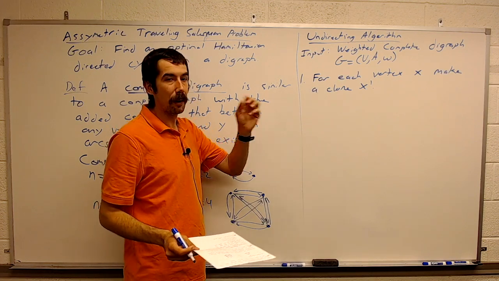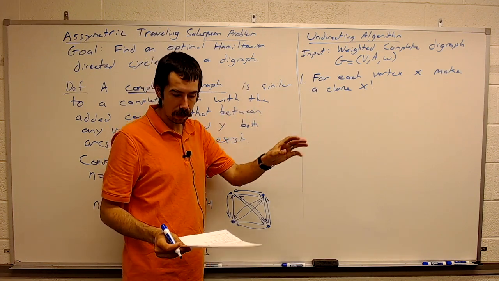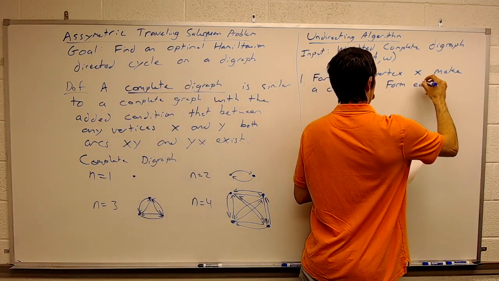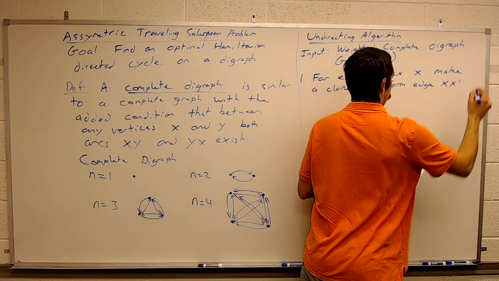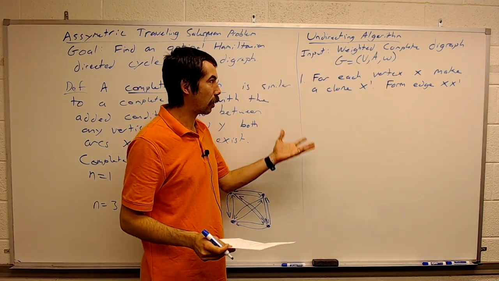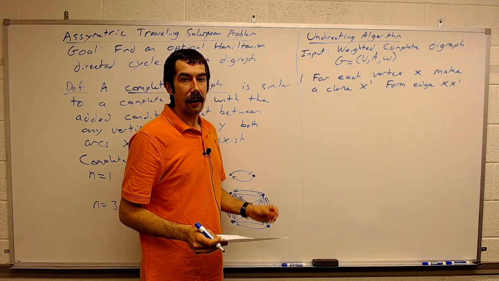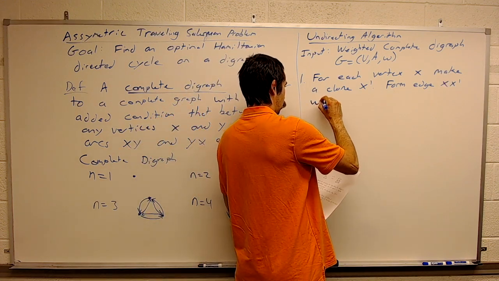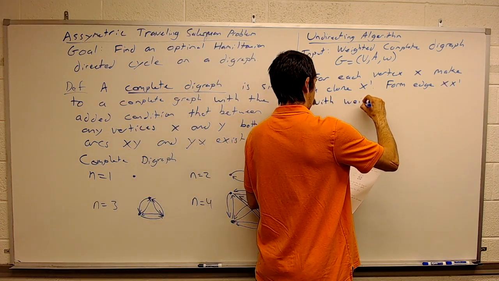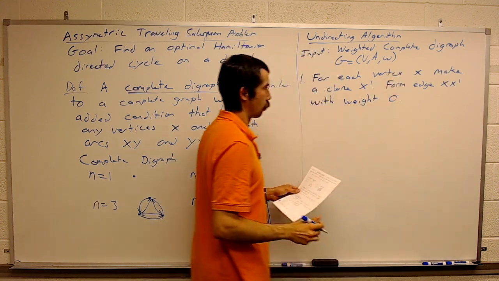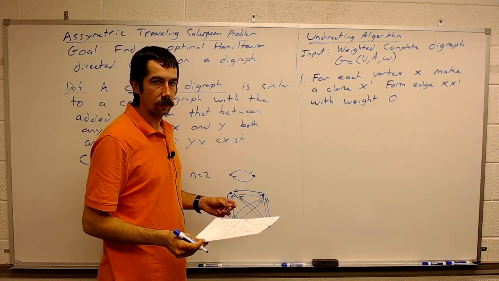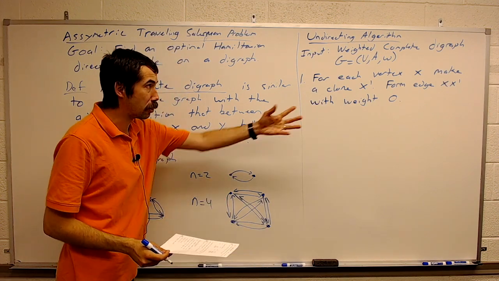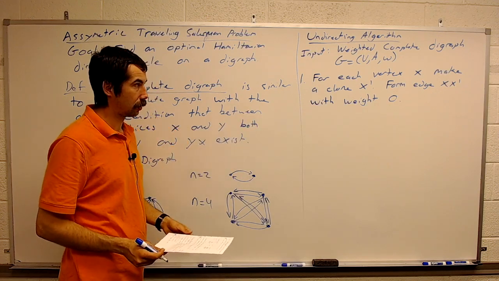And then we're going to put an edge between a vertex and its clone. So we're going to add this edge x x prime to our new graph. And the weight of that edge is going to be 0. All right, so that's our first step. If we started with 2 vertices, our new graph is going to have 4 vertices.